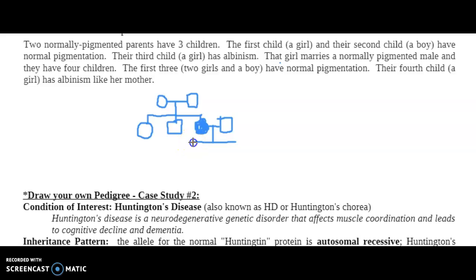So the first one is a girl. I don't know if my circles keep looking like squares. First one's a girl. Nice round circle. Maybe it still ends up like a square. Yeah, that's supposed to be a circle because she's a girl. Second one was a girl. Another girl.